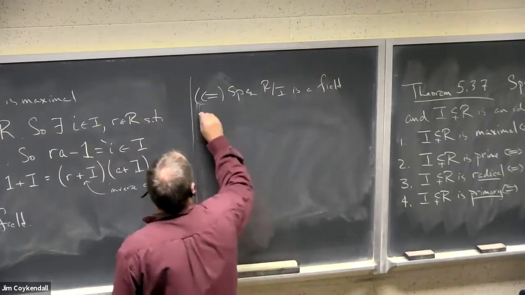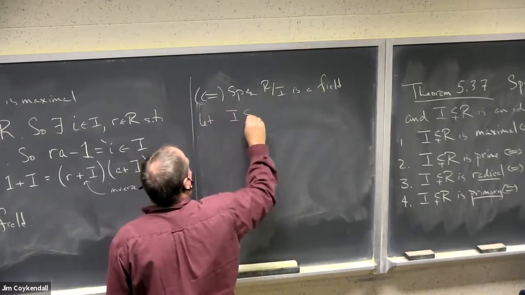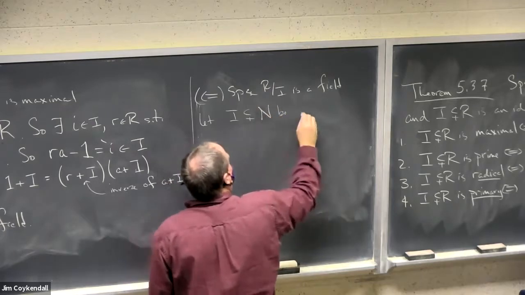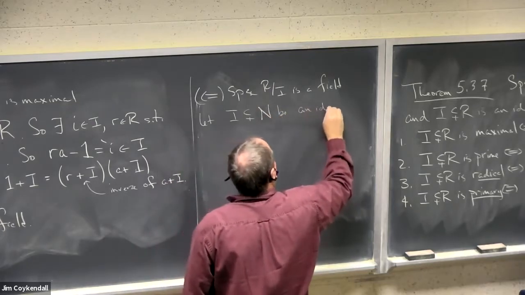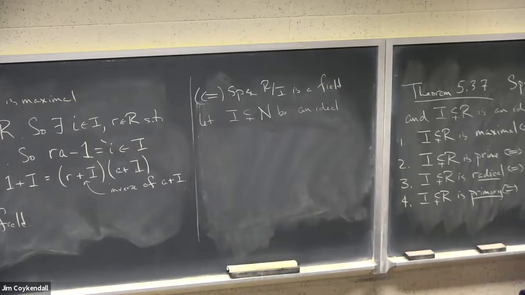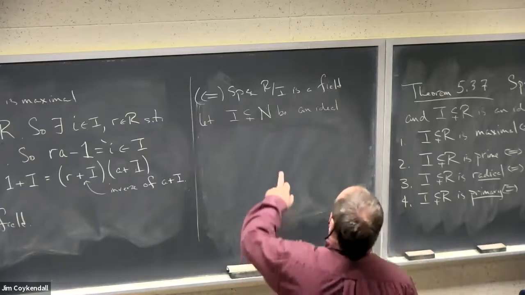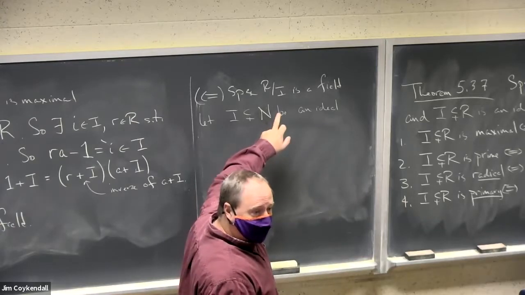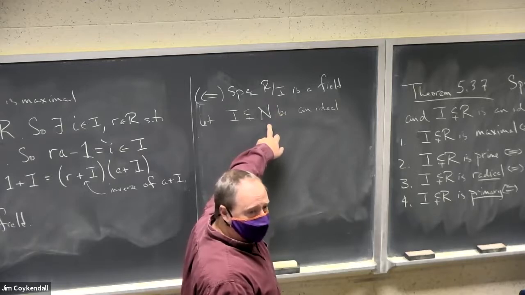Now we need to show that I is maximal, and because we're assuming that R mod I is a field, our basic strategy is to show that I must be a maximal ideal. So let's suppose that there's another ideal N that contains it. Our goal is to show that this N is in fact all of R, and to that end, I'm going to show that there's a 1 in N.